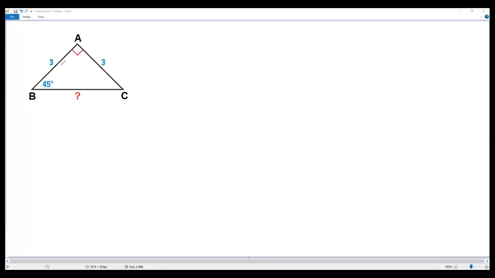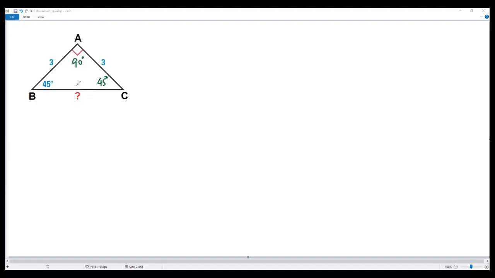So the length of AB and the length of AC are equal, so it is an isosceles special right triangle. The interior angle at vertex B is 45 degrees, which is opposite to the length of 3 units. Then the interior angle at vertex C must be 45 degrees, because this is also opposite to the same length, 3 units. Now it is a 45, 45, 90 special right triangle.